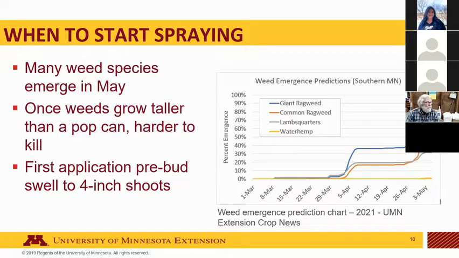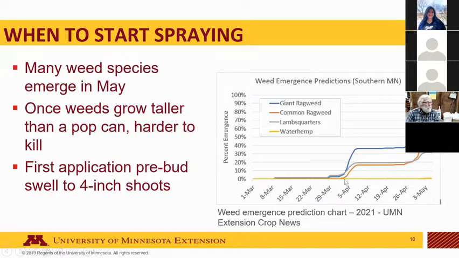So many weed species in Minnesota and Wisconsin start emerging in May. And this chart here on the right, I got from the U of M Extension crop newsletter, and it's showing the dates on the x-axis here, and then percent chance of emergence on the right axis. So let's go with the blue line here, which is giant ragweed.